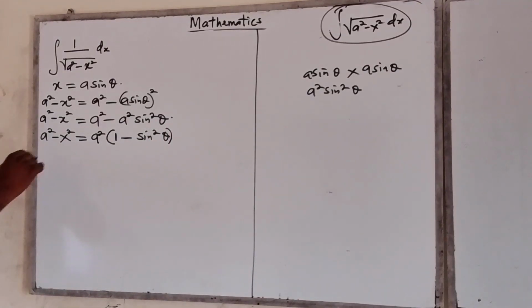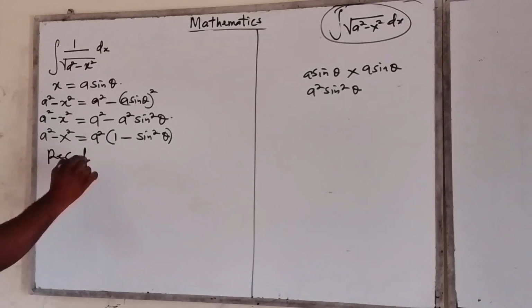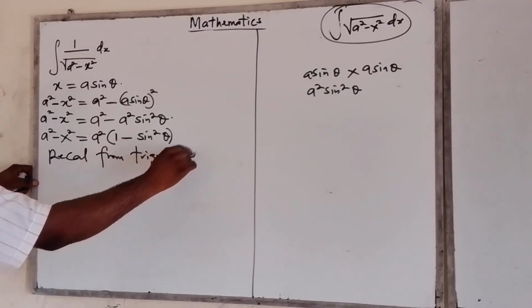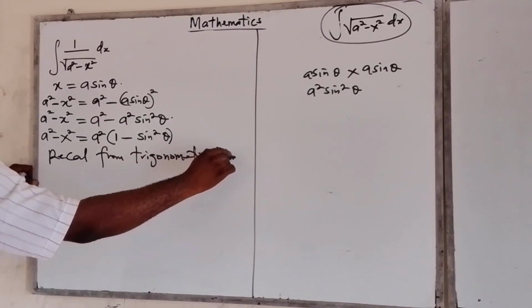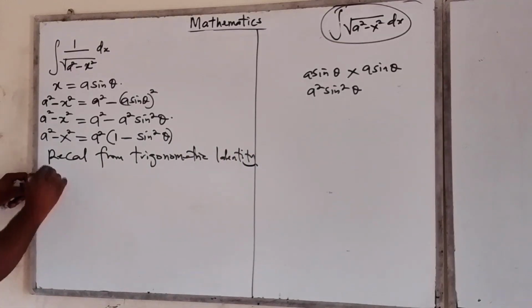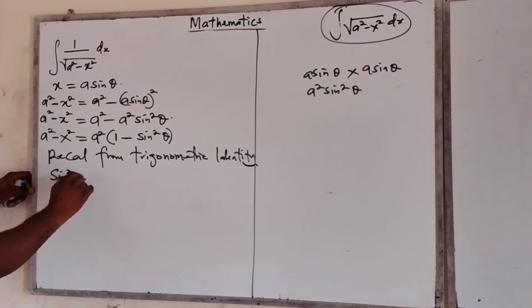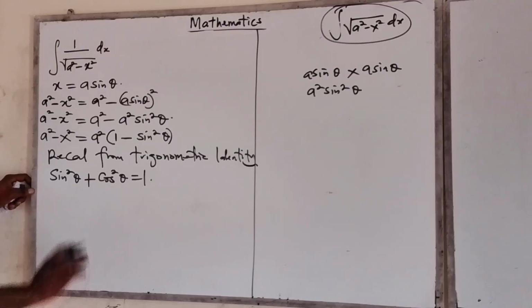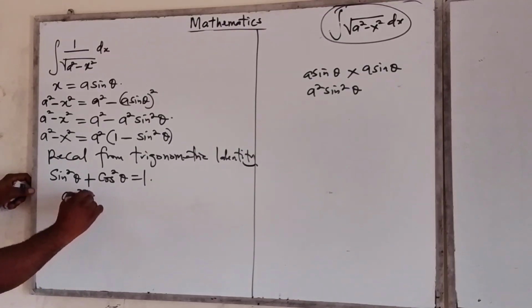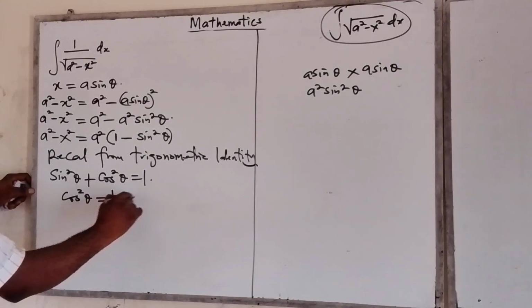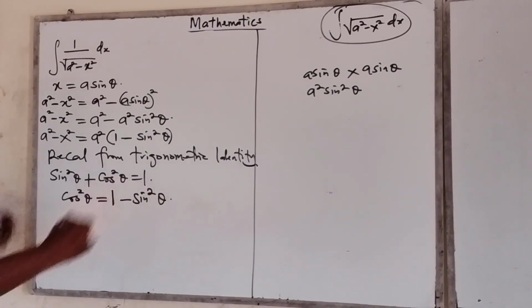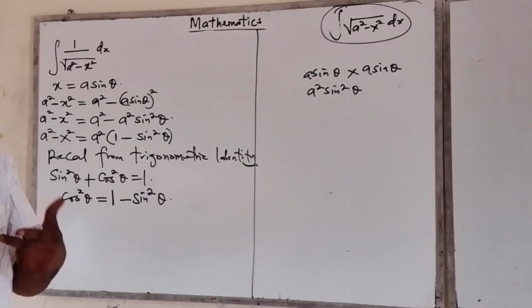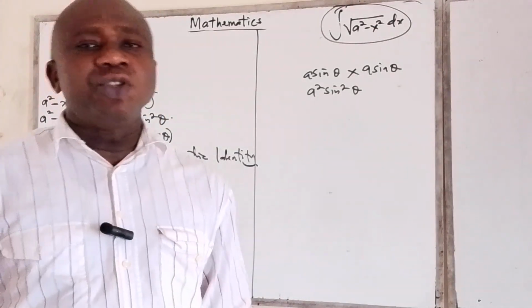So recall from trigonometric identity, sine squared theta plus cos squared theta is equal to 1, irrespective of the magnitude of theta.